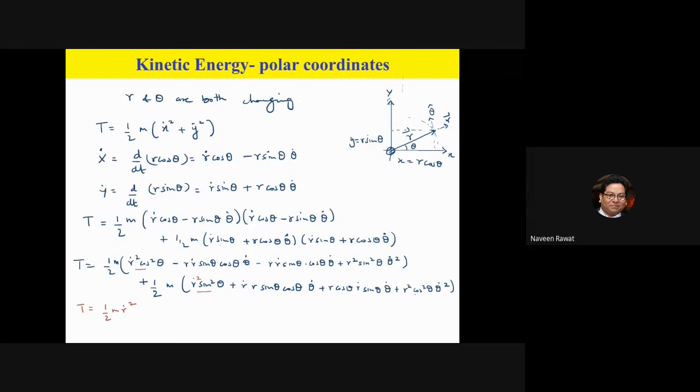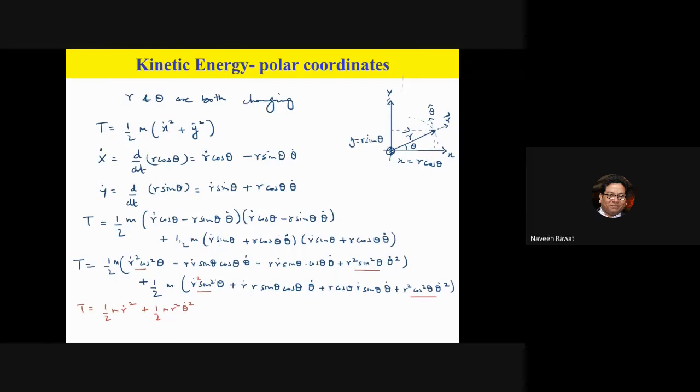Similarly, I have r square cosine square theta theta dot square and r square sine square theta theta dot square. So r square theta dot square are common. So I have 1/2 m r square theta dot square, and the other terms, sine square theta plus cos square theta, give 1.